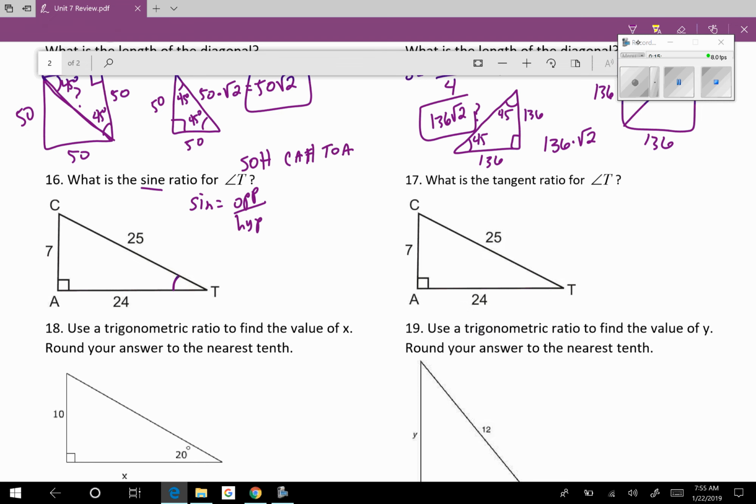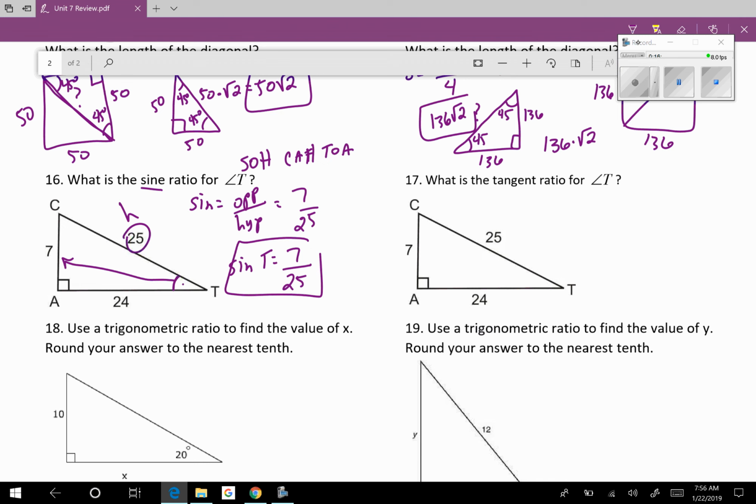Okay, sine, opposite over hypotenuse. So for the sine of t, you look, what is opposite from t? 7. And then what is the hypotenuse? 25. So the sine of t is 7 over 25. And that's it, because you can't reduce that.